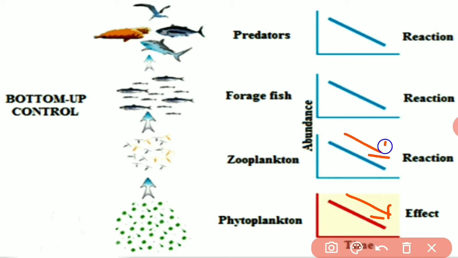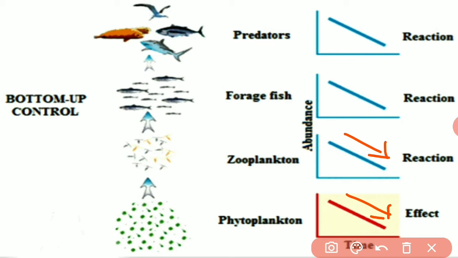So here also the graph should be in a declining direction. Now the same formula applies to small fishes or forage fishes. Due to the low amount of zooplankton, small fish can feed on a minimum amount of zooplankton, and they can reproduce only a minimum or low amount.